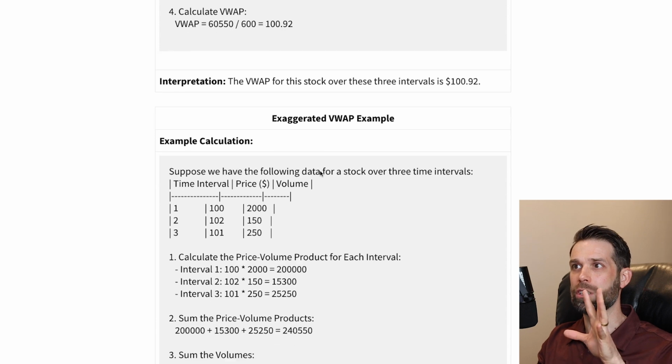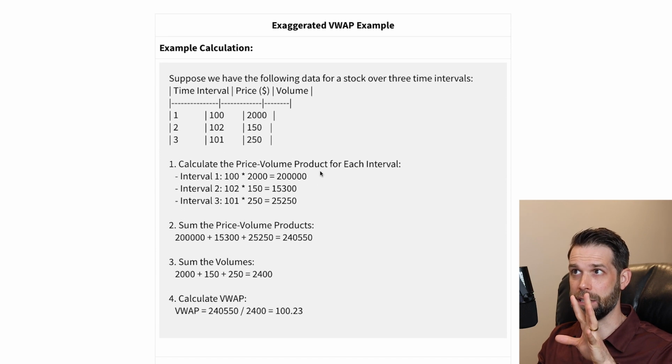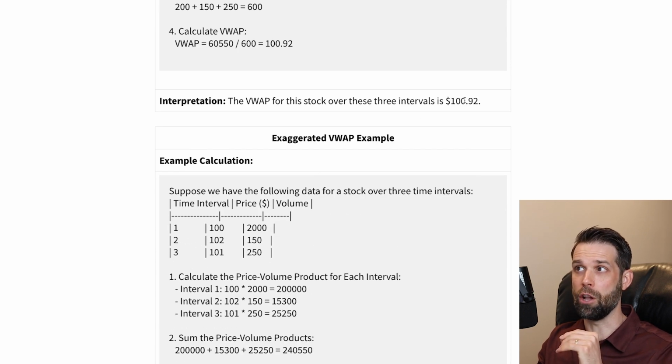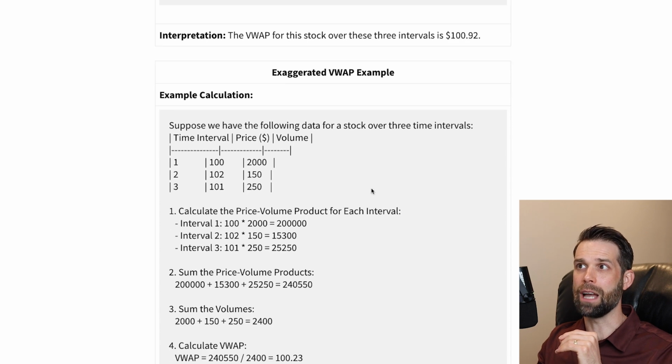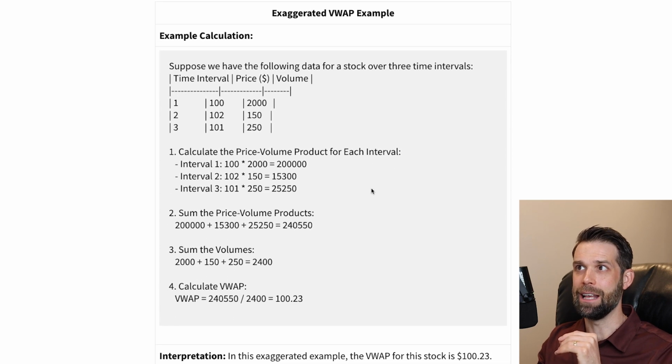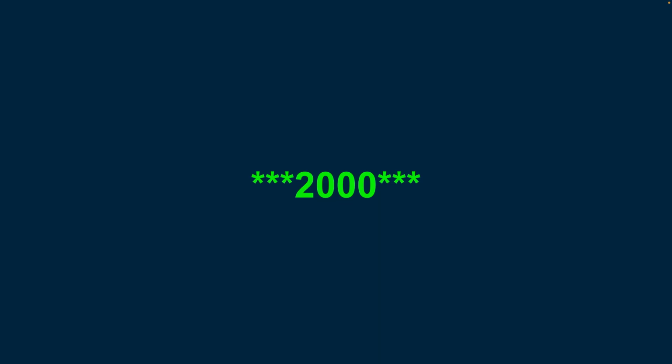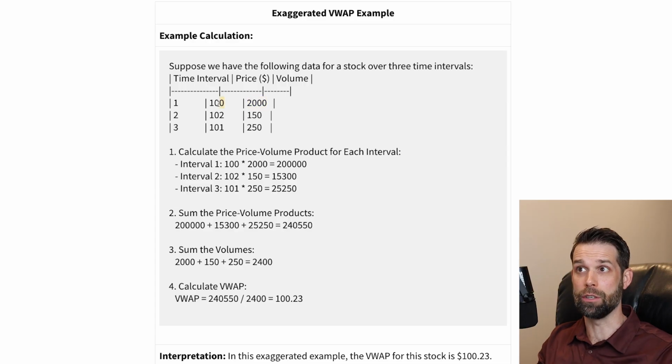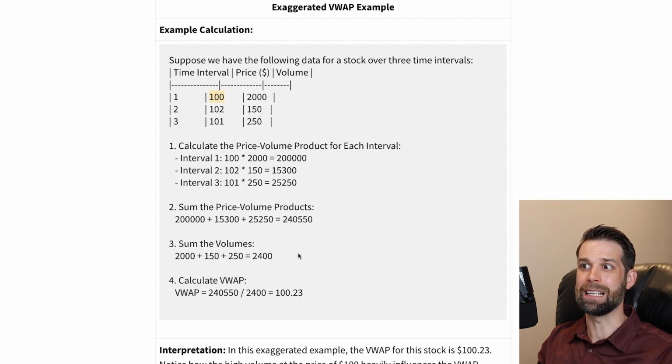If we look at an exaggerated example of this, to remember $100.92, you can see how volume affects this formula. If we did everything the same, but now instead we had 200 shares traded at the $100 price, and did the math, when we divided, our VWAP lowers to $100.23.